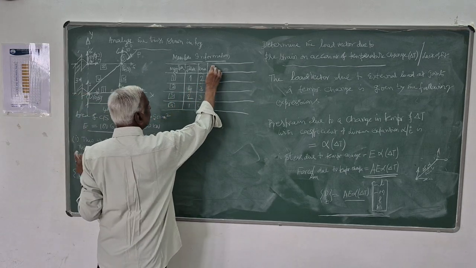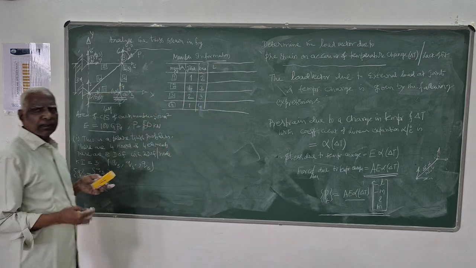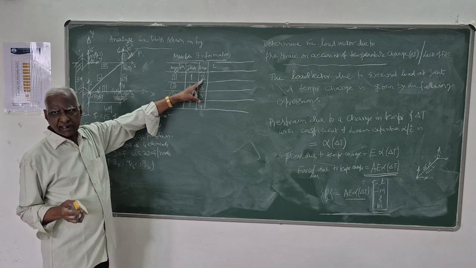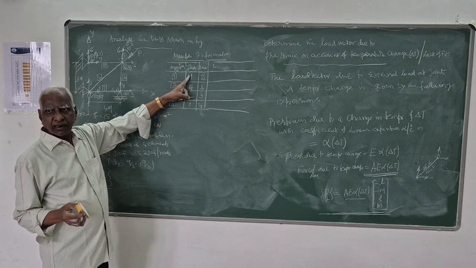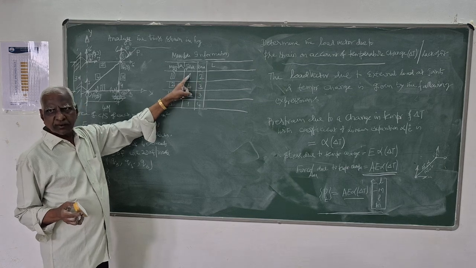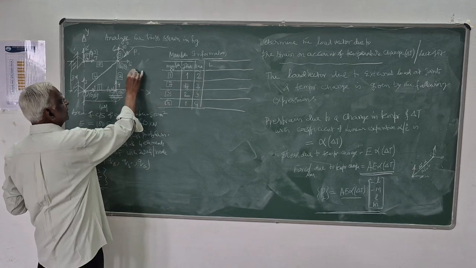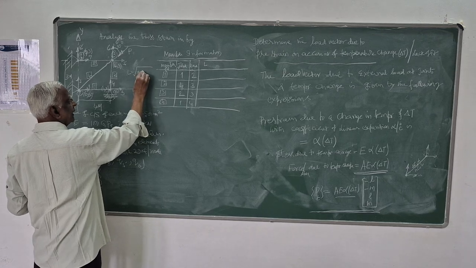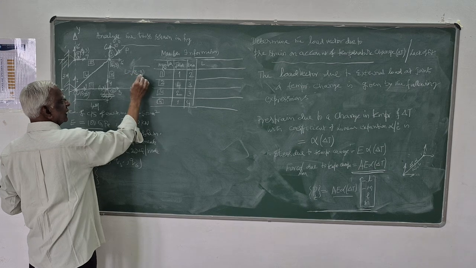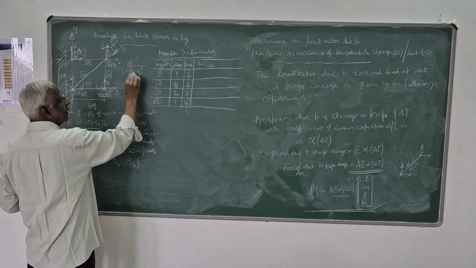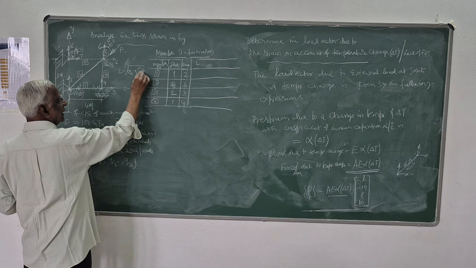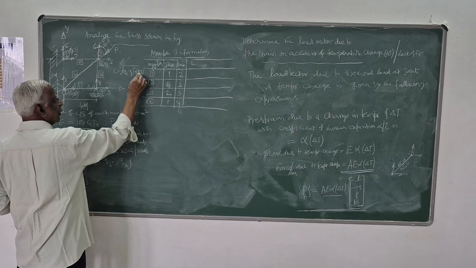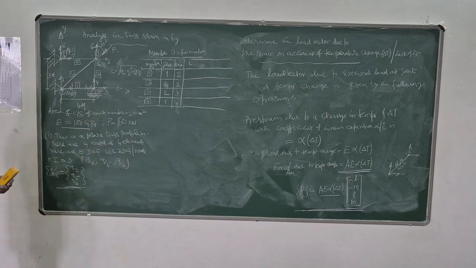Then you can find length. Length of any member is given by the square root of x coordinate of Kn minus x coordinate of Jn whole square, plus y coordinate of Kn minus y coordinate of Jn whole square.